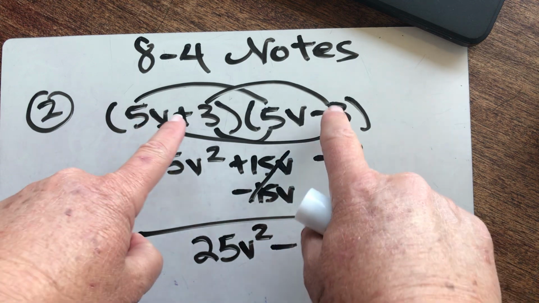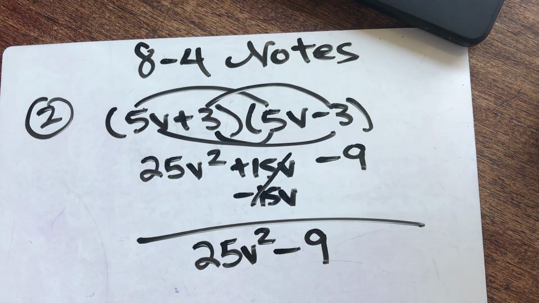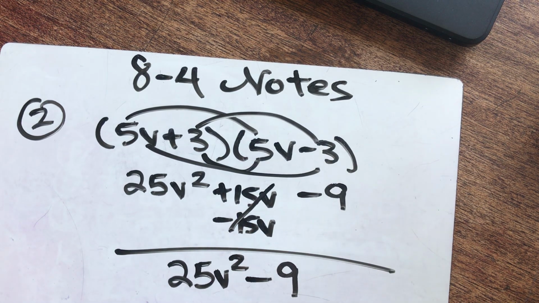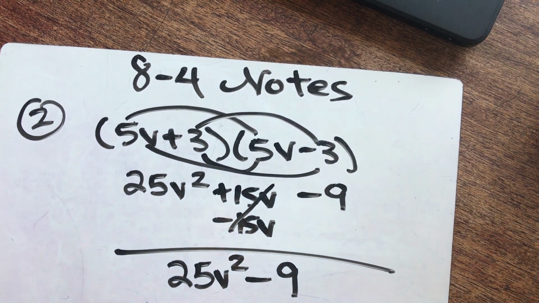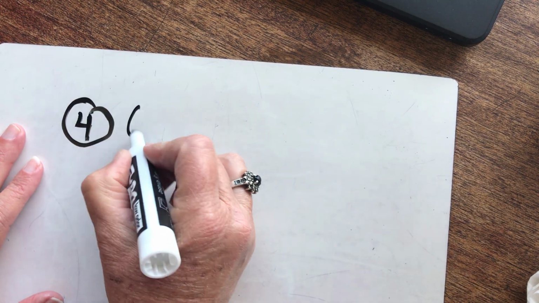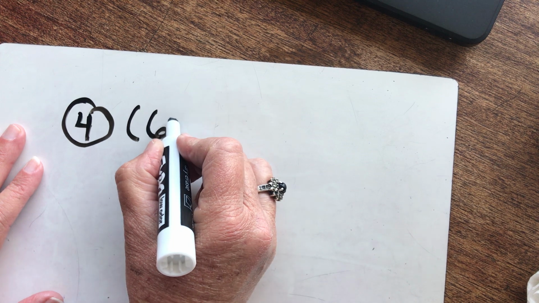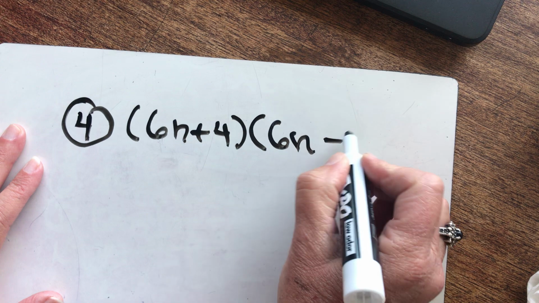Same junk, different signs. Let's look at question number 4 and see how that's rocking and rolling. Question number 4. So here we go. Again, we're on 8-4 notes still. So question number 4 on the notes, we have 6n plus 4 and 6n minus 4.